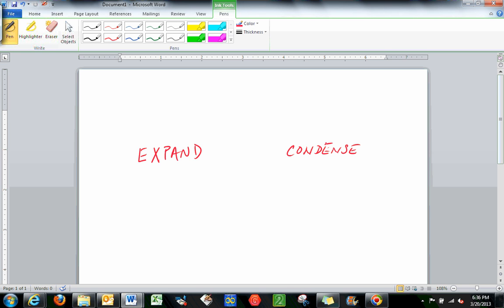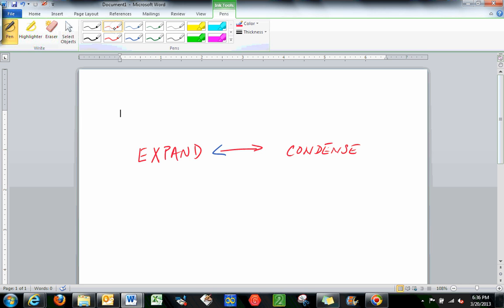And condensing the log is to take an expanded version and simplify it back down to a smaller version until it's completely condensed. So we can go from expanding to condensing, and then from condensing to expanding, and we can go back and forth in either direction.